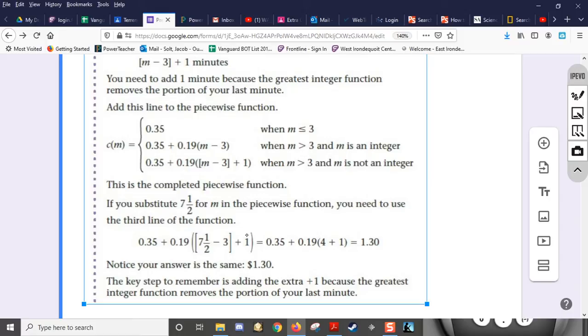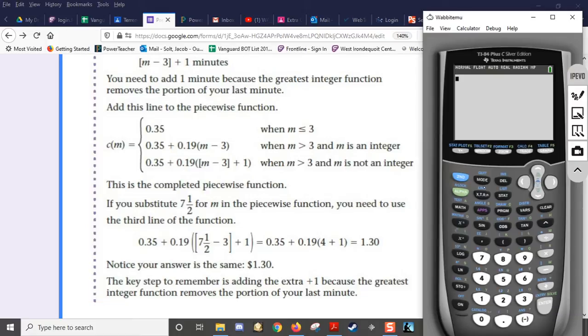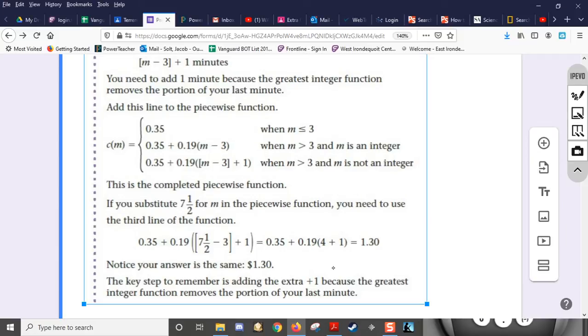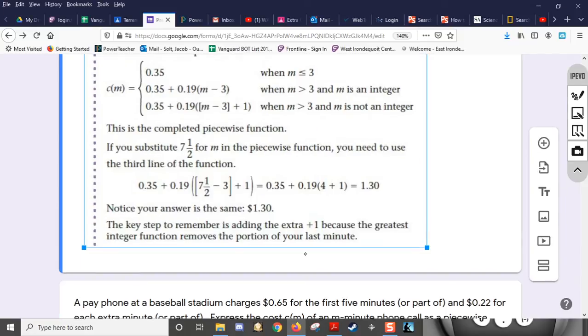I know this makes it slower. If you want to skip ahead, go ahead, be my guest. If you trust that I already did it right the first time, 0.35 plus 0.19 times 4 plus 1, $1.30. $1.30, just like we got before. This is that sophisticated piecewise stuff, figuring these out.